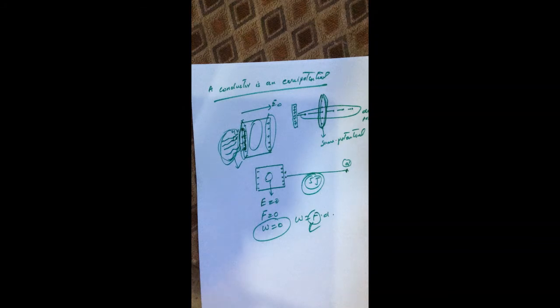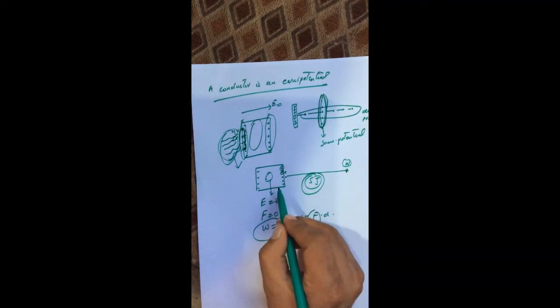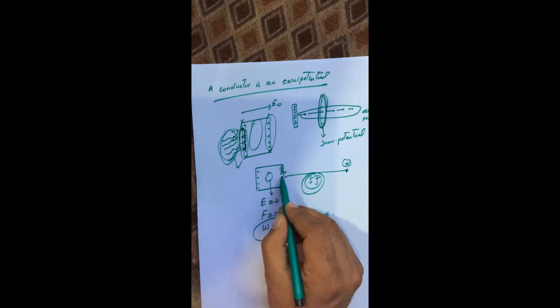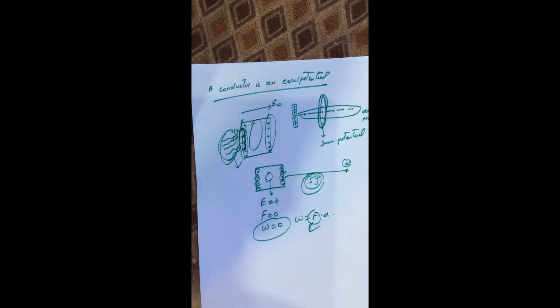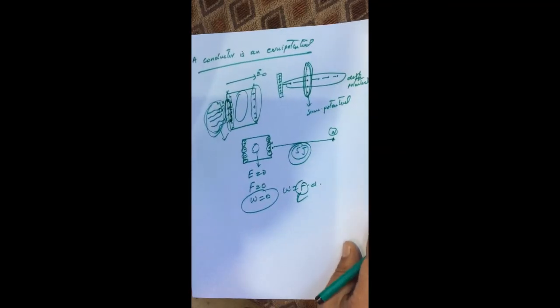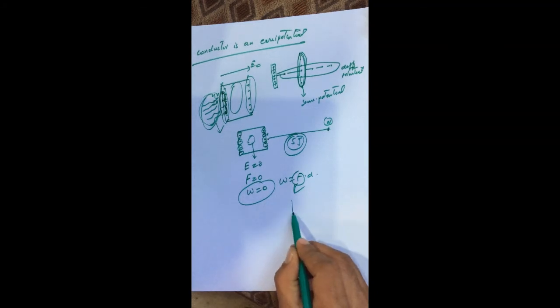Now the question is, one side of the conductor is at positive potential and the other side is negative. Then how are the two edges at the same potential? For this, consider the space without the conductor. Suppose we have an electric field.